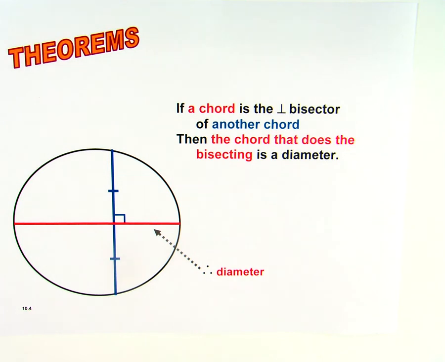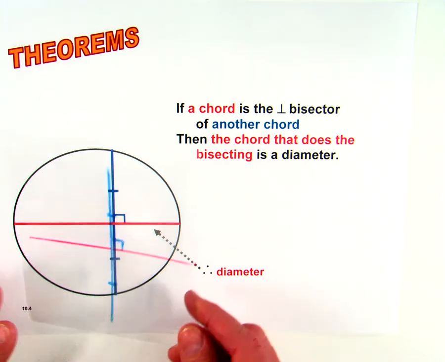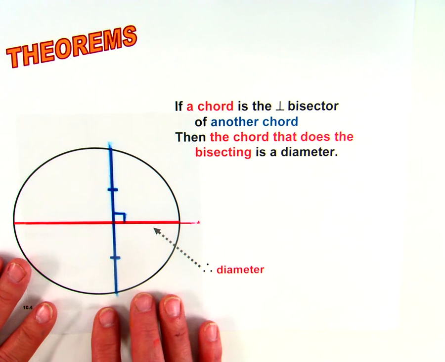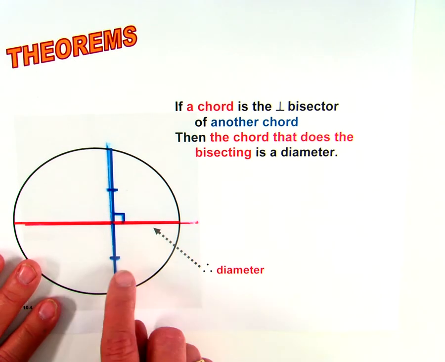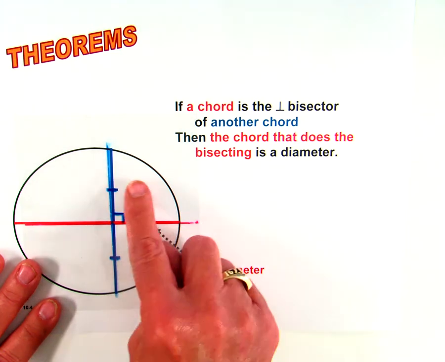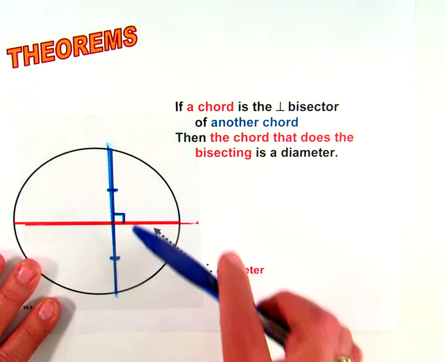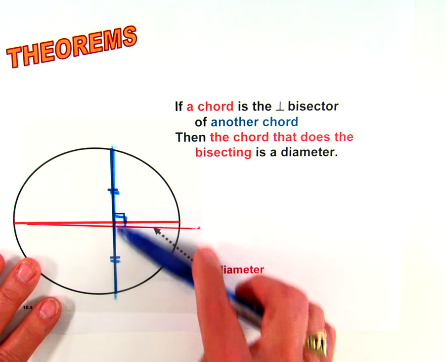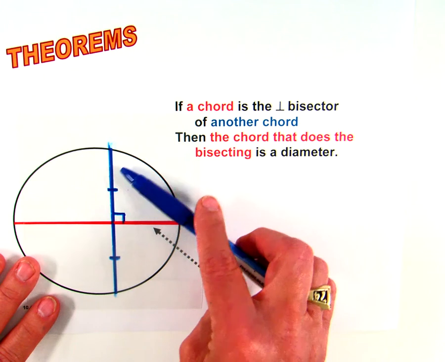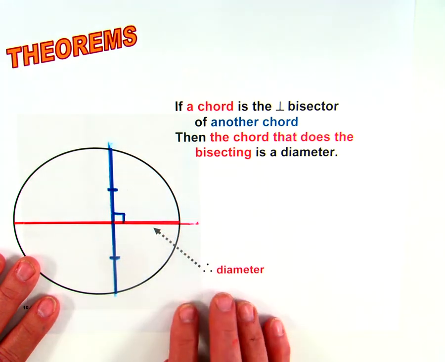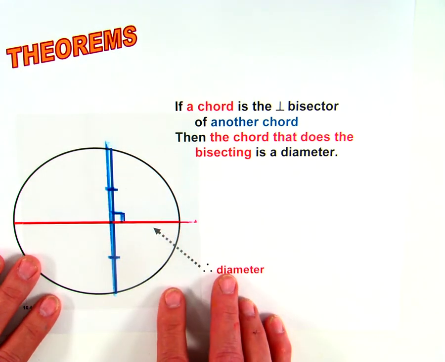We've had a lot of practice with that, but let's give a gut reaction to why it's true. I'm going to play with it a little bit. Bisected means half is above and half is below. So the blue line, a chord, is bisected. Half is above the red, half is below the red. Okay, well look what happens as I slide it along.